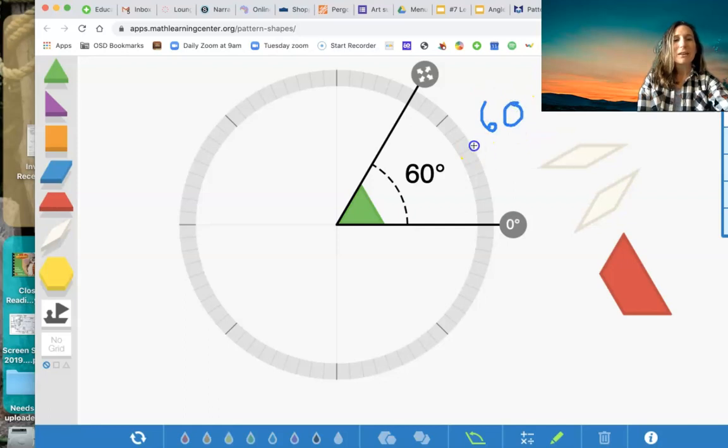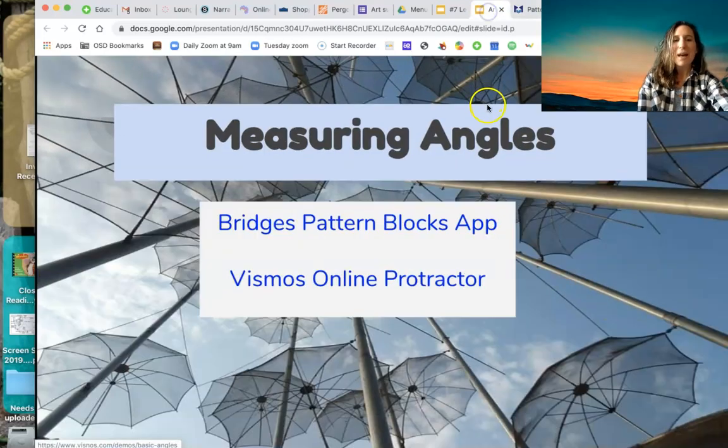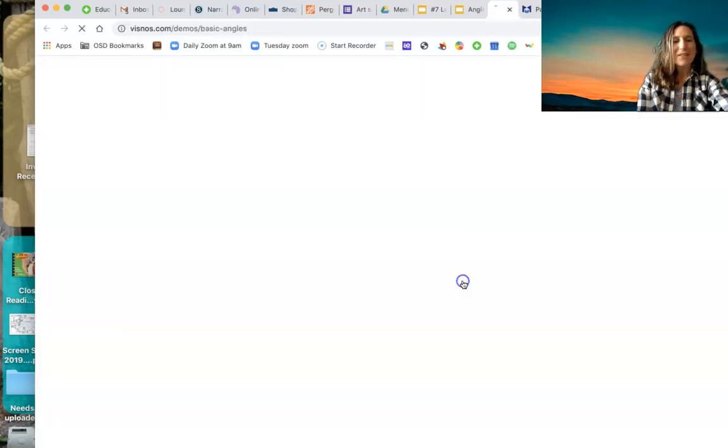And so a triangle with 3 angles of 60 degrees, 3 times 6 is 18, so 180. So for a triangle, all of the angles equal 180 degrees. Very interesting.